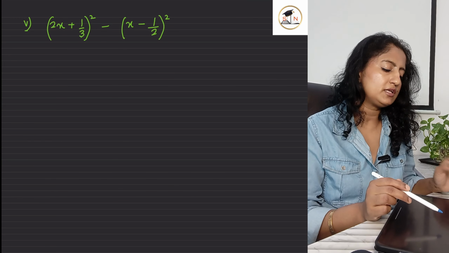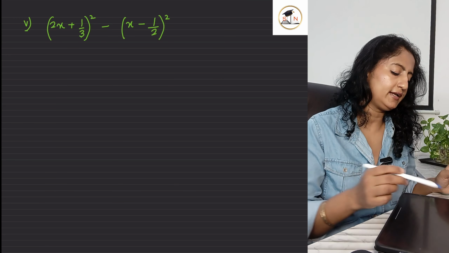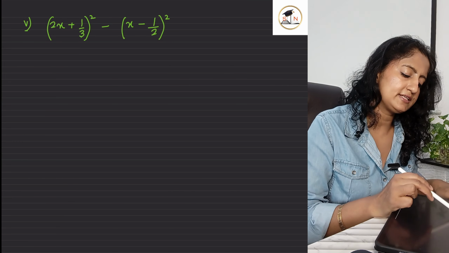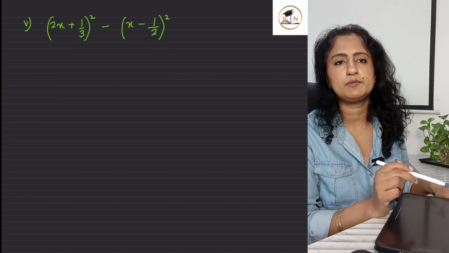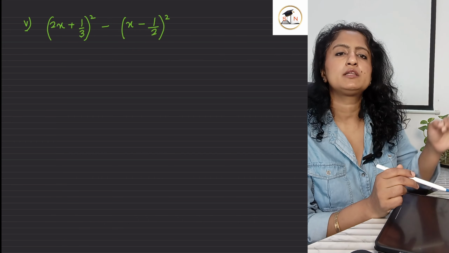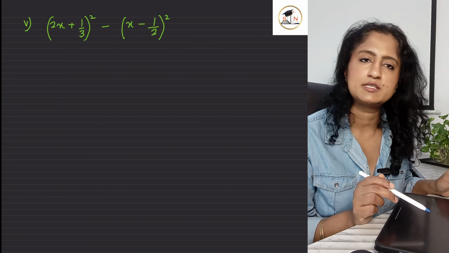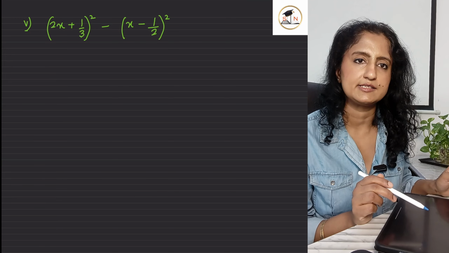Looking at this question, many children get inclined to say, ma'am, we can apply (a + b)² over here and (a − b)² in the second bracket. I agree, but that needs to be done when you are simplifying. We are not simplifying. We have to factorize, right?